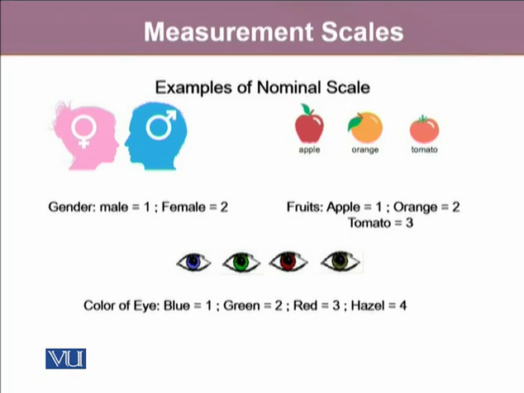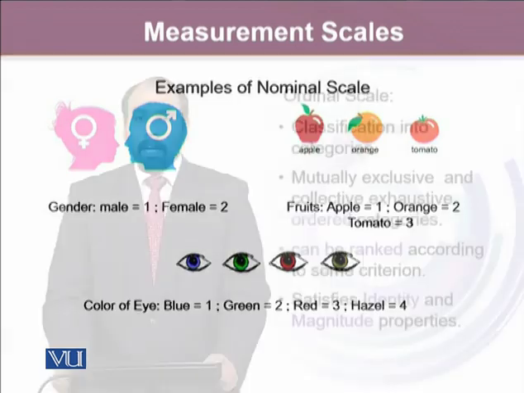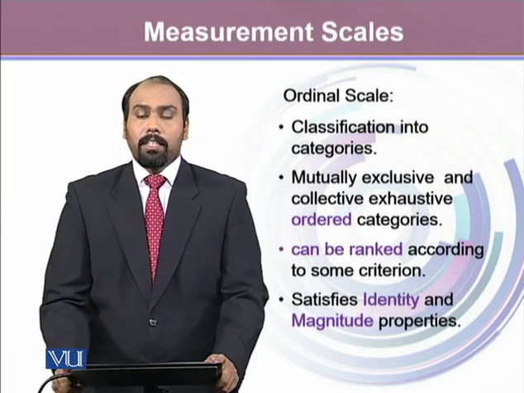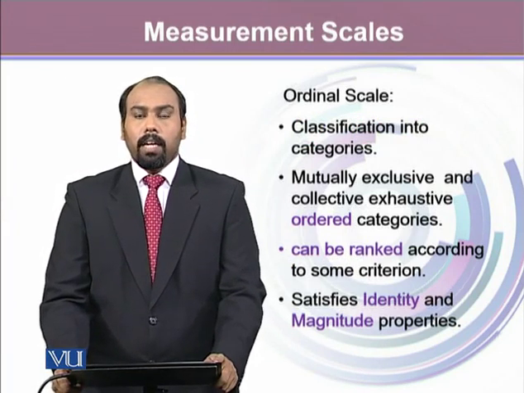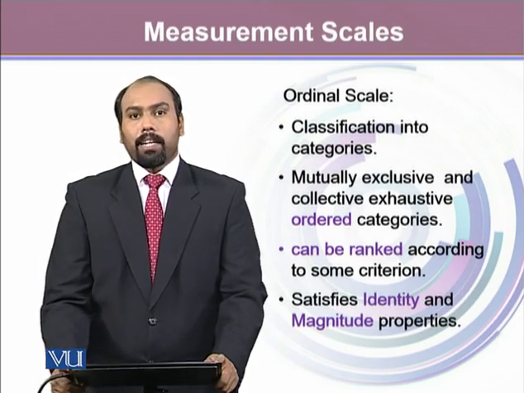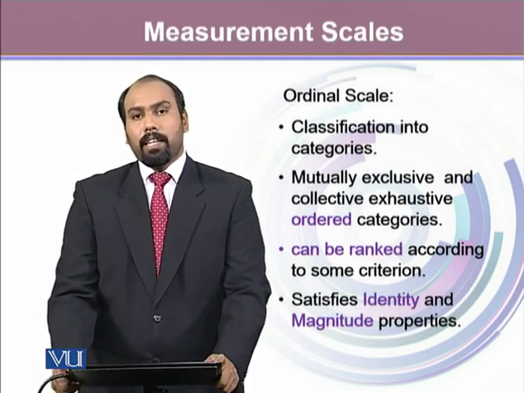The other type of variable is the ordinal scale. Ordinal scale does classify our variable into categories. And these categories are also mutually exclusive and collectively exhaustive. Inherently, ordinal variables carry the characteristics of nominal scale variables.